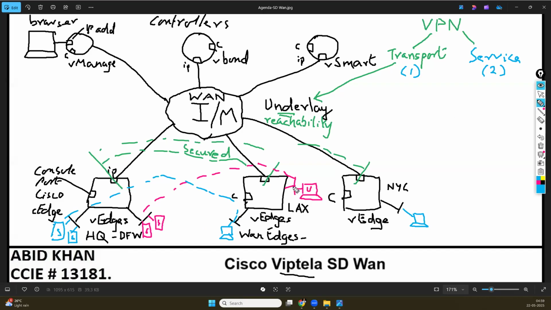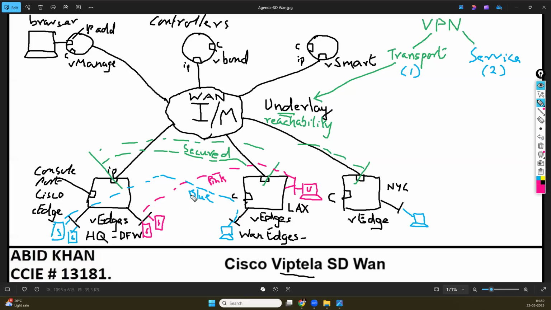So there will be two service VPNs. I can call this one the blue service VPN, and this one the pink service VPN. So this is nothing but service VPN.